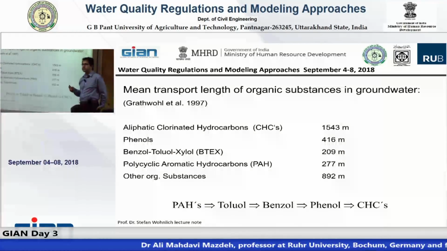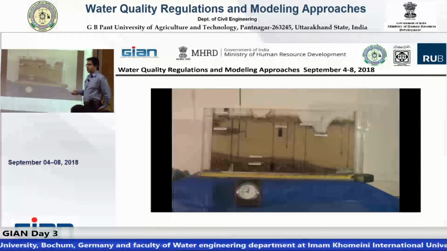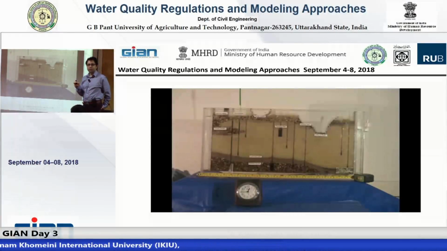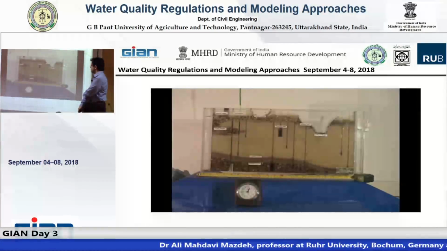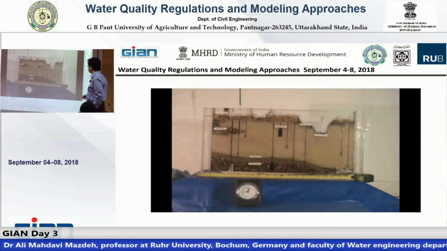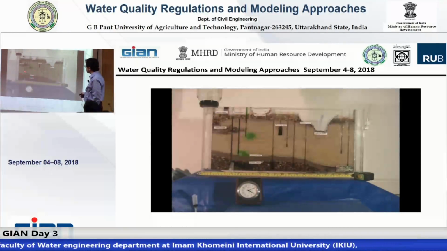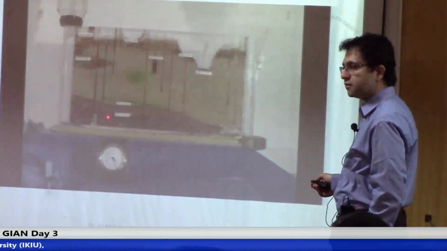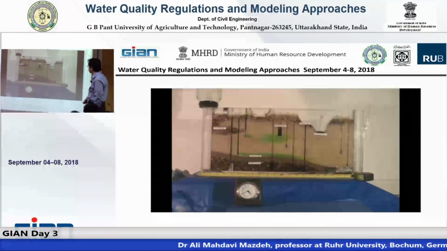In this slide we can see what happens when you inject a pollutant into the groundwater in an experimental laboratory. We can see how the injected pollutant starts to move inside the groundwater. Is it showing? Yeah. You see, we injected here and here. You see how the pollutant starts to move, and they are completely different. The one that is lower is completely different from the one that is upward.